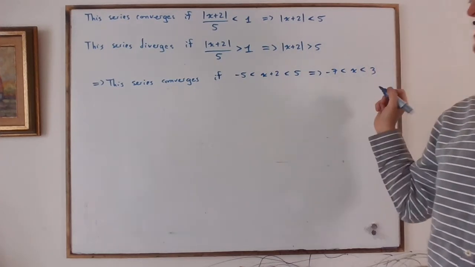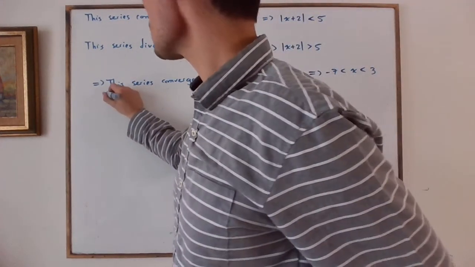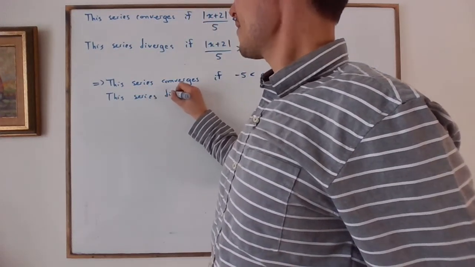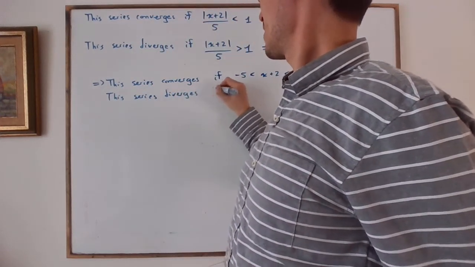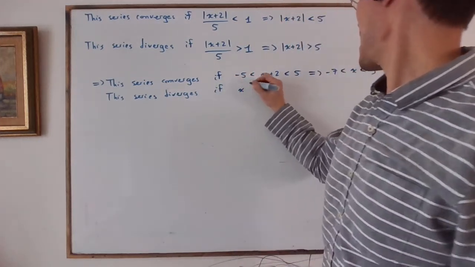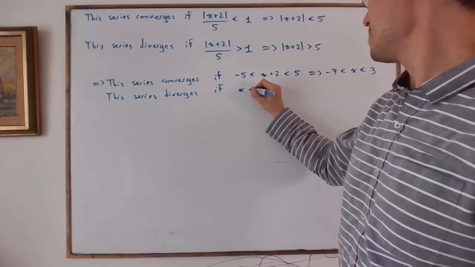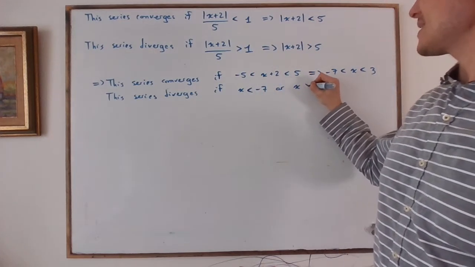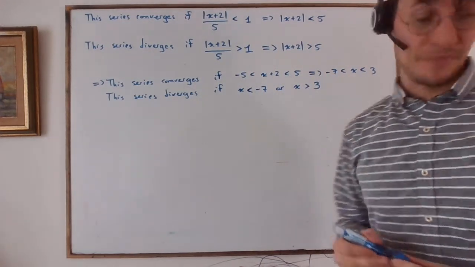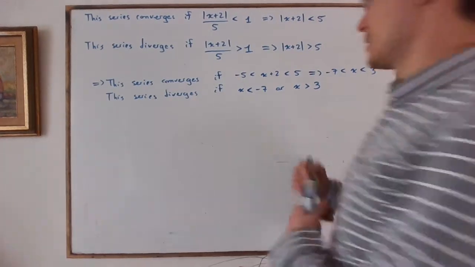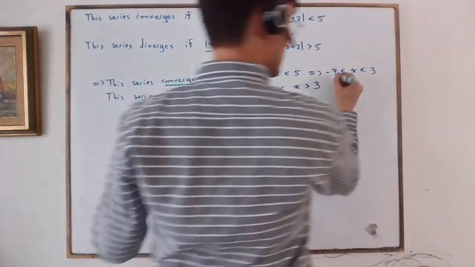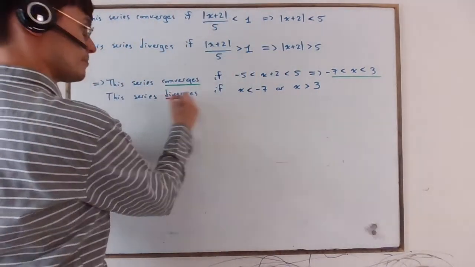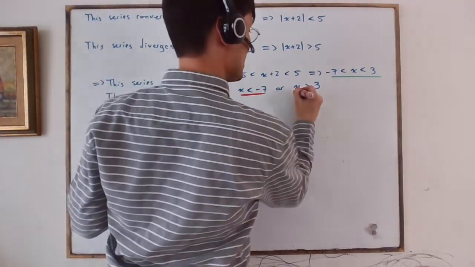So this is when the series converges. We also know that this series diverges if x is below negative 7 or x is above 3. So it converges here, and diverges here and here.